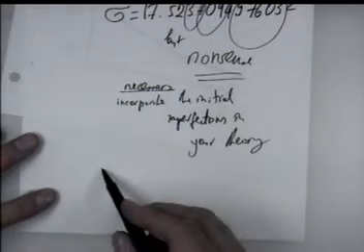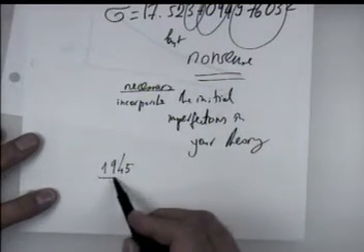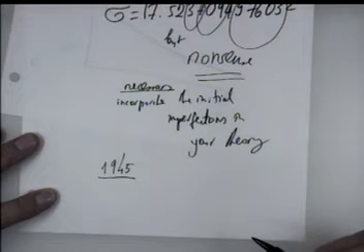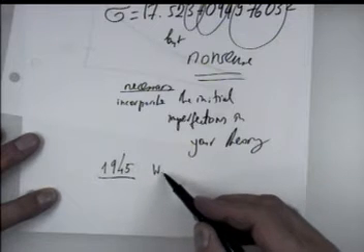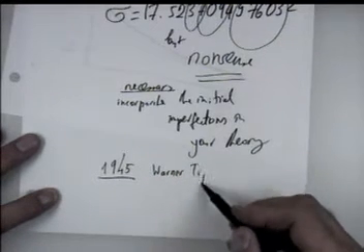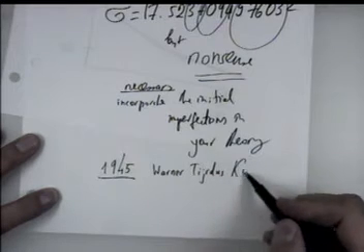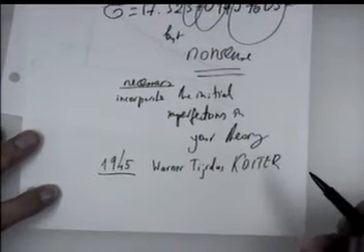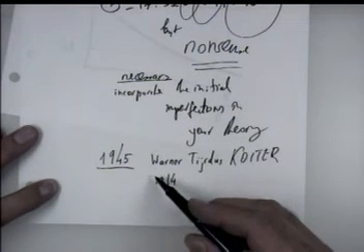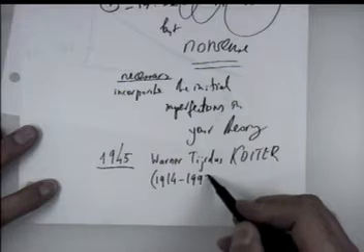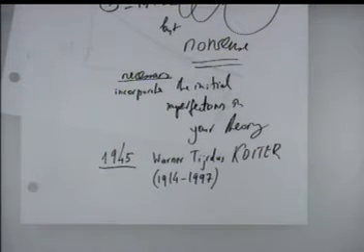That was done in 1945, before most of you were born, I suspect, but I'm not sure, by Warner Tjardus Koiter. He was born 1914, died 1997. So Koiter developed a theory that takes into account initial imperfections. We will come back in the future, hopefully, to these initial imperfections.